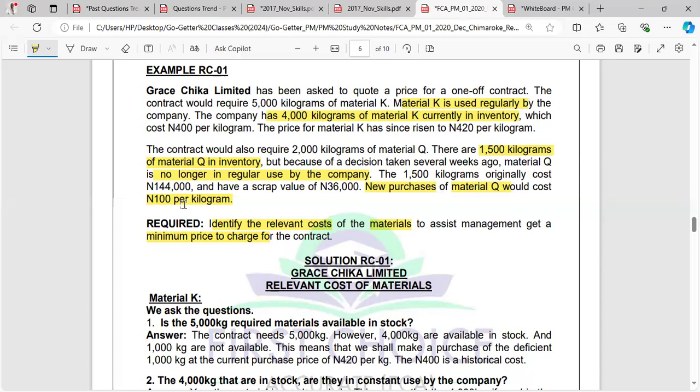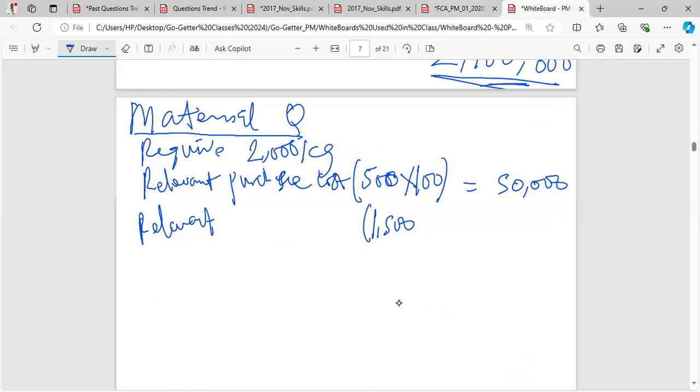So our relevant cost will be our opportunity cost. So I will say relevant opportunity costs.